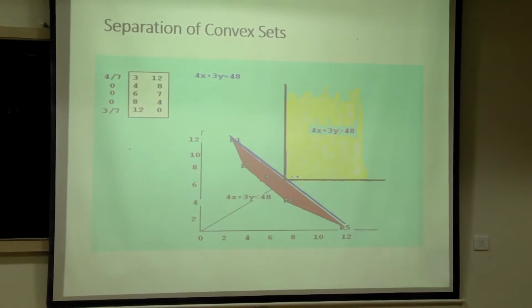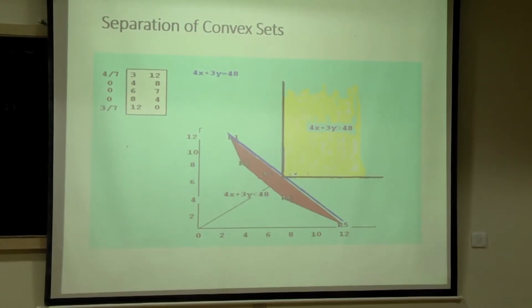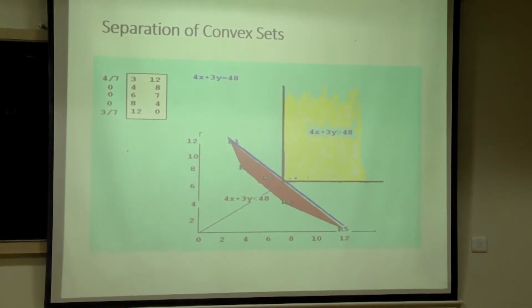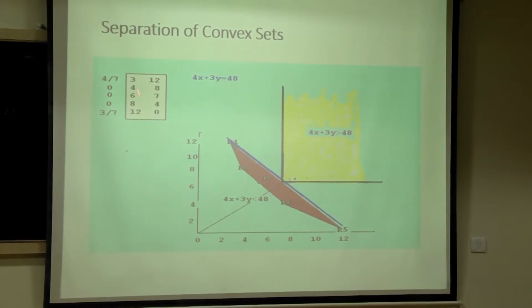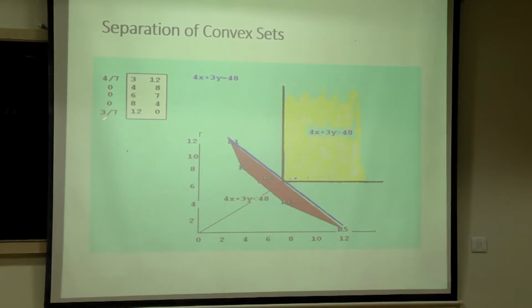You follow me? So the coordinate at that point is 48 over 7. See, 4/7 times 3 plus 3/7 times 12 is how much? 48 over 7. Suppose he chooses this column, he gives 4/7 times 12 plus 3/7 times 0, that will also be 48 over 7.